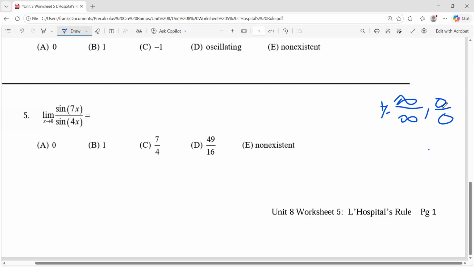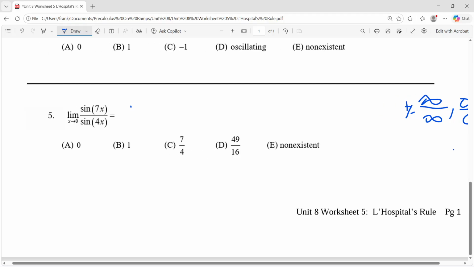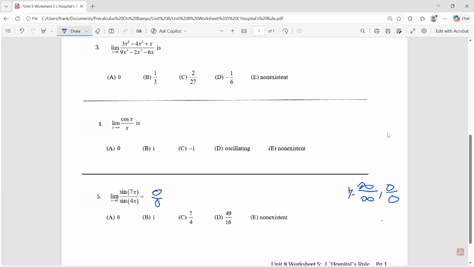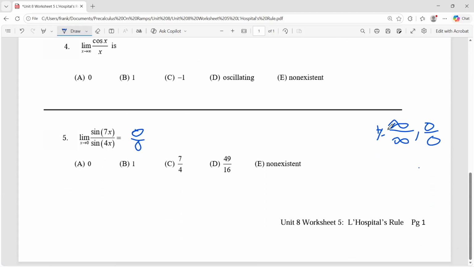As x approaches 0, 7 times 0 is 0, so the sine of 0 is 0. Divided by 4 times 0 is 0, sine of 0 is 0, indeterminate form. Let's try L'Hopital's rule. I'll take the derivative of top and bottom. And check this out. I have to use the chain rule because there's an inside function, outside function. So I'm taking the derivative.